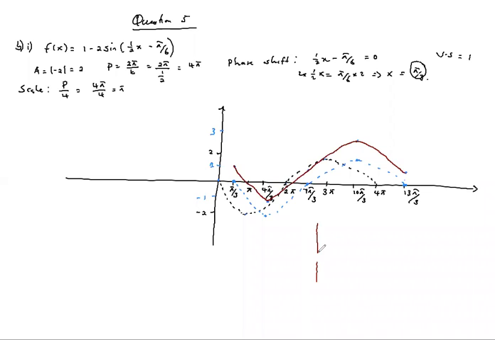So since I must end at 2 pi, I'll have pi over 3, I'll have pi, I'll have 4 pi over 3 and then 2 pi. Then I have 1, -1, and 3 as my final one.